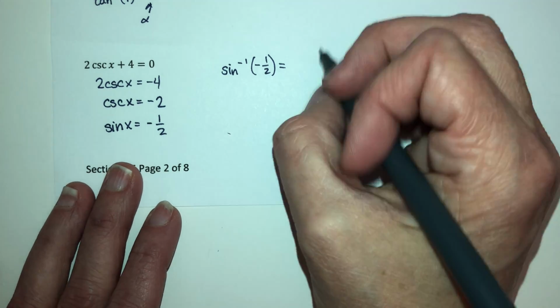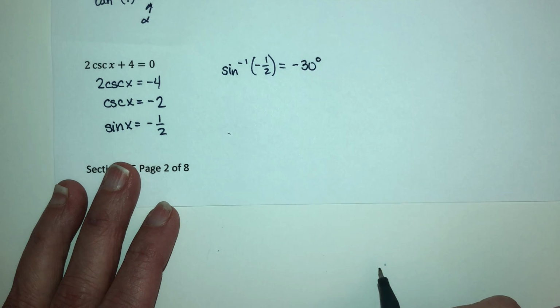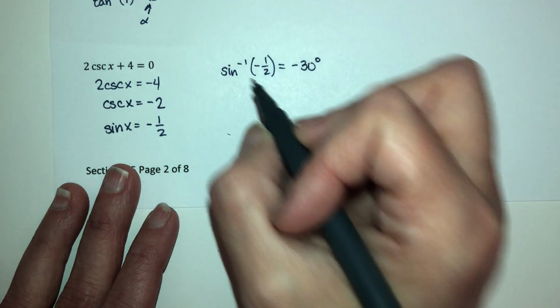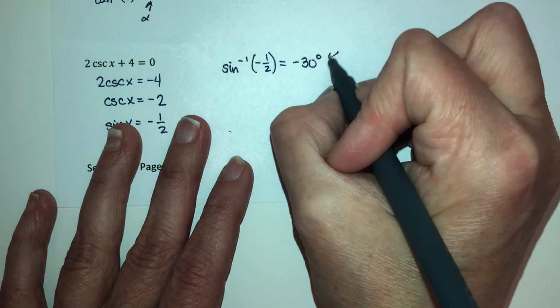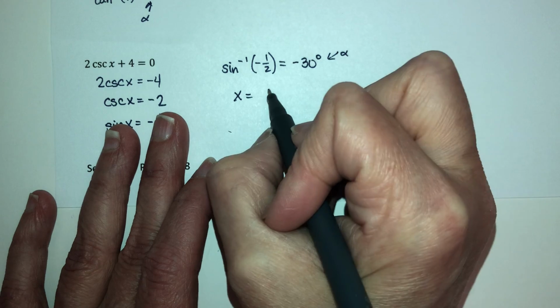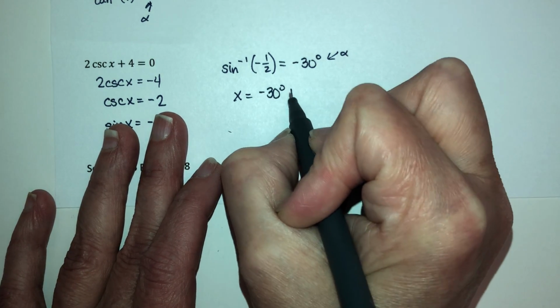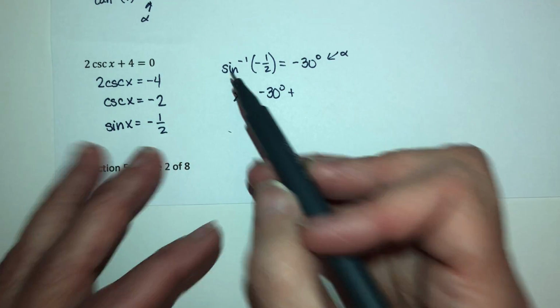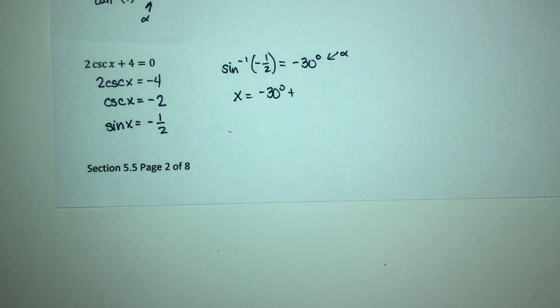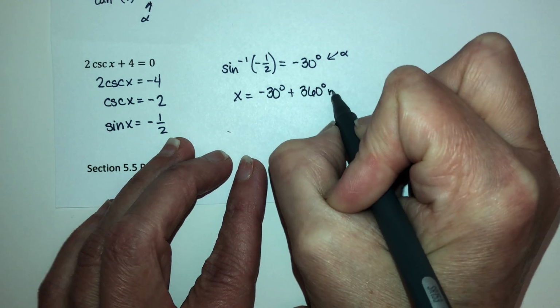And we're in degrees, so this is -30 degrees. Okay, now, so this is our alpha variable. Our x values are alpha plus, with sine, it's 2 pi or 360 degrees, n.